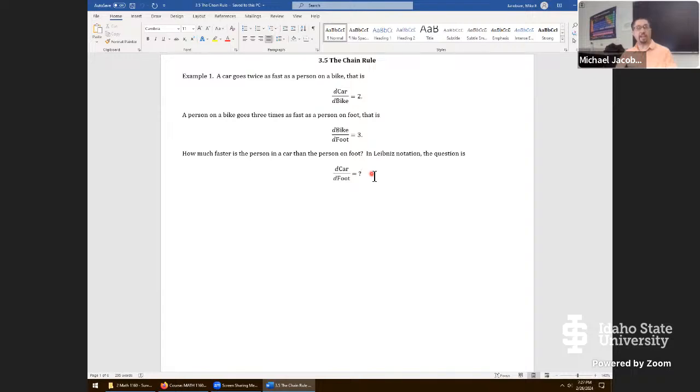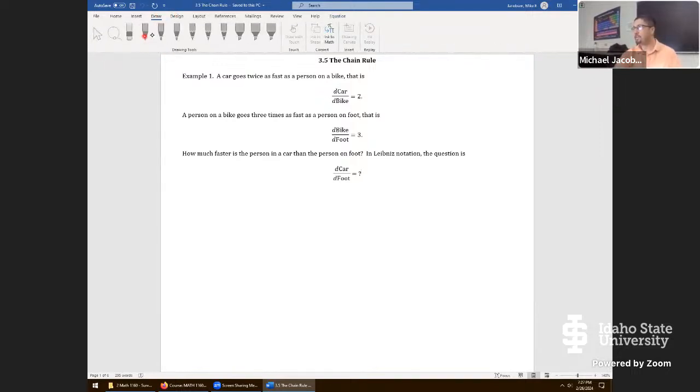Kind of confusing in a way, right? If you're not sure, here's a different way to think about it. Notice that the rate of change of car with respect to foot, it's a confusing question because the prior derivatives did not relate the car to the foot at all. But it kind of did in a way.